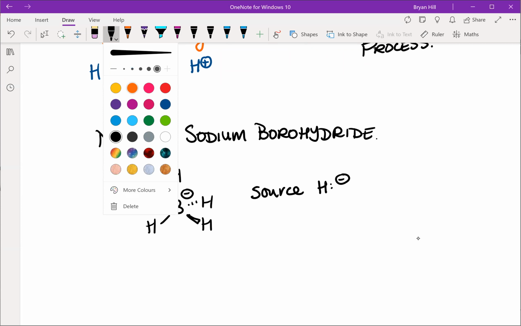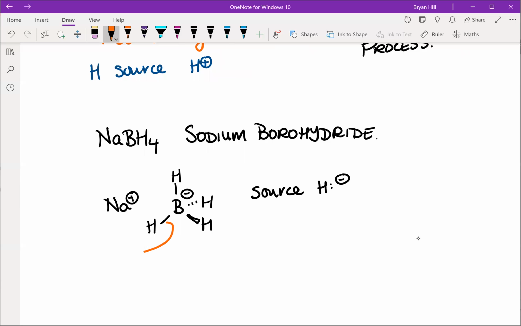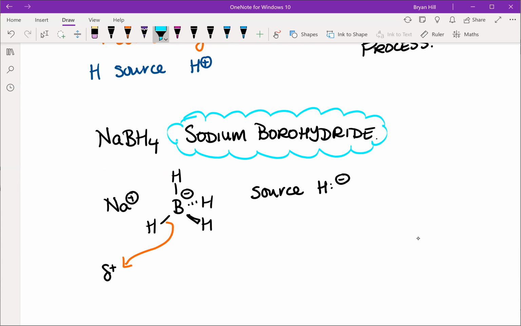So these electrons go and attack some delta plus. So the hydride is going to attack the delta plus. I believe that we're going to use this in the lab during the reduction of benzophenone, benzaldehyde, that type of thing.